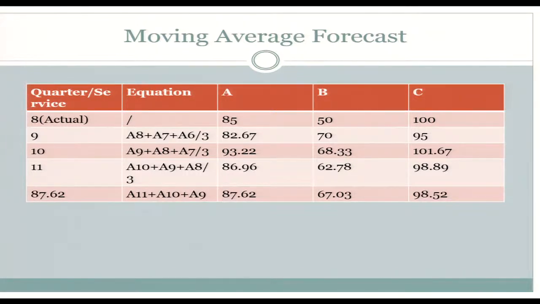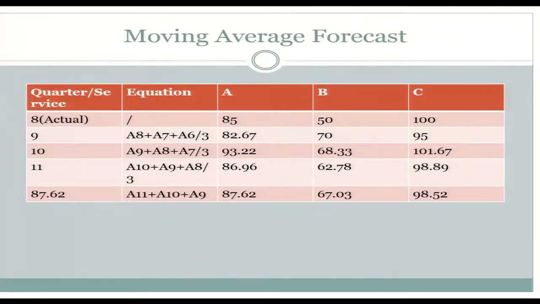Service A is 85, service B is 50, and C is 100. And this is the equation to calculate the moving average for 3 different services.